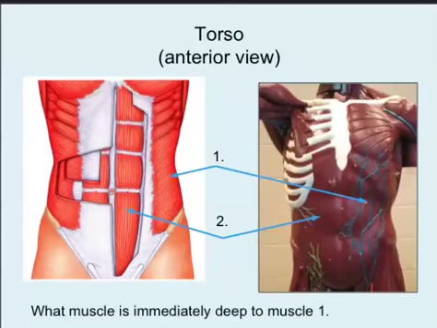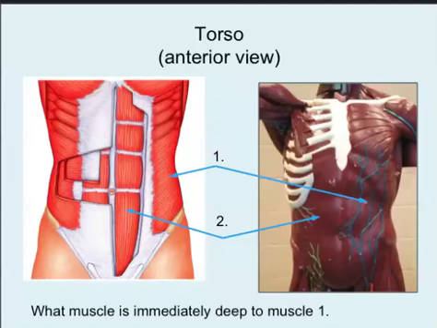Here we have a superficial view on this side, a deep view on this side. What muscle is number one? Muscle number one is the external obliques. Muscle number two is the rectus abdominis. What muscle is immediately deep to muscle number one?